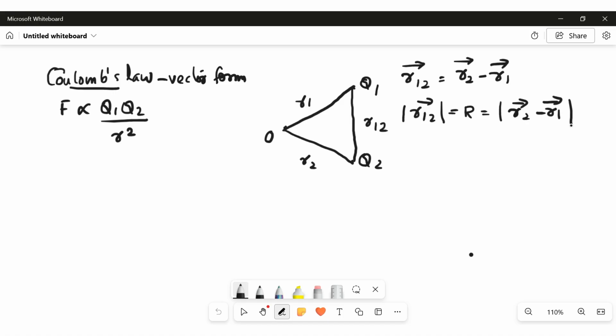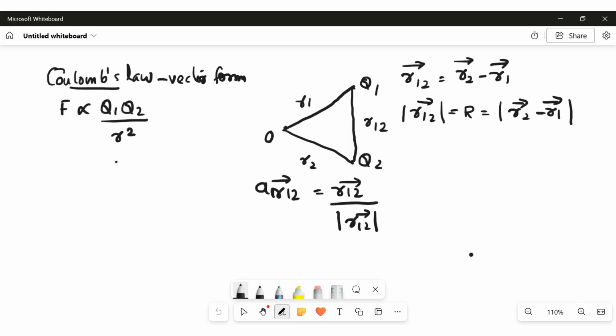Then we know a unit vector AR12 can be expressed as R12 divided by magnitude of R12. Okay.